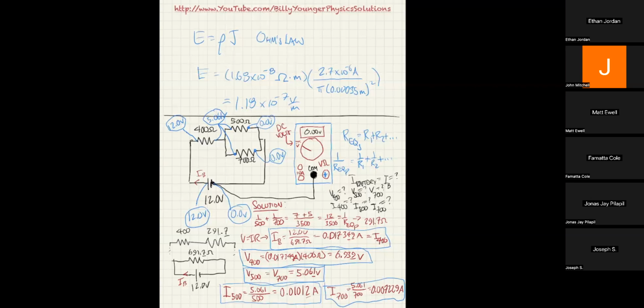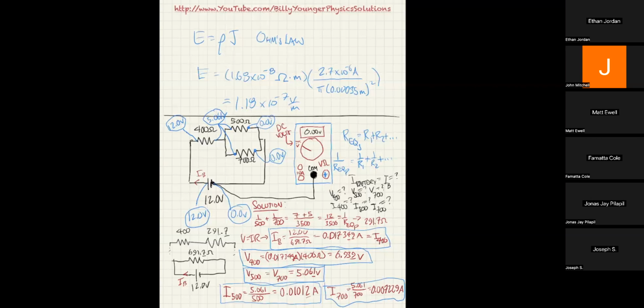In fact, it'd probably be easier if you move the decimal 3 places to the right, in which case you'd see we've got 17.3 milliamps coming from the battery and also going through the 400. And we've got 10.1 milliamps going through the 500 ohm resistor, and we've got 7.229 going through the 700 ohm resistor.